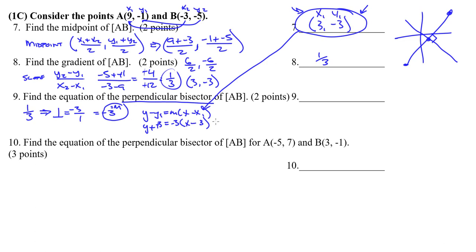So we get over here y plus 3 equals, distribute this -3 to both, and we get -3x. -3 times -3 is positive 9. And our last step is to subtract 3 from both sides. y equals -3x plus 6 is going to be our equation.